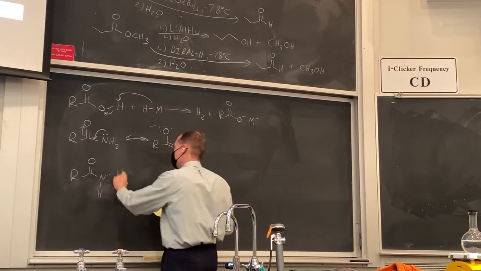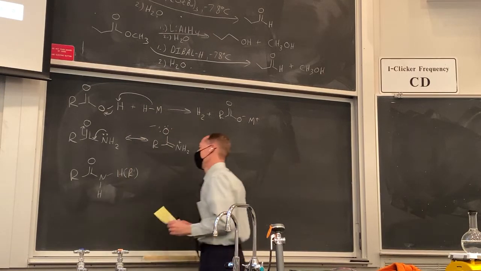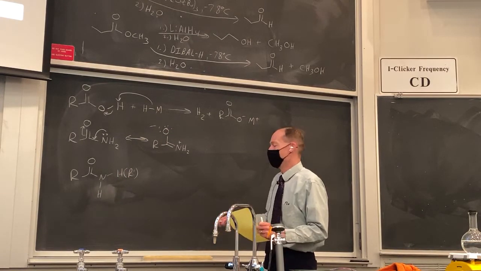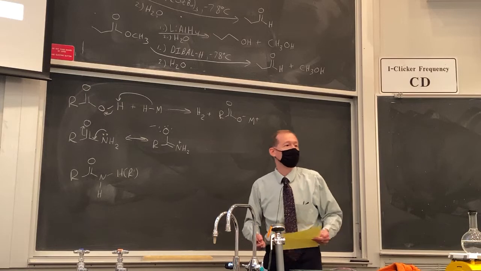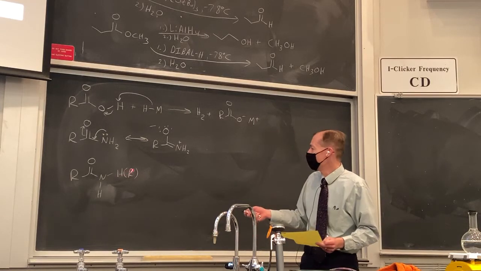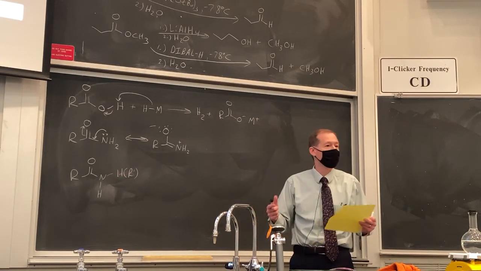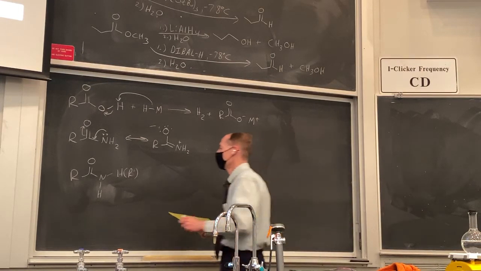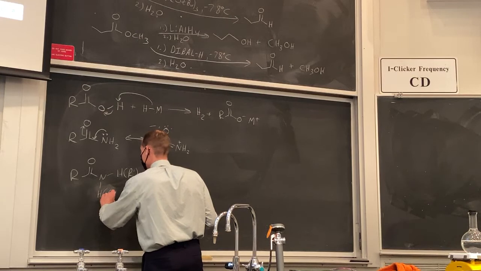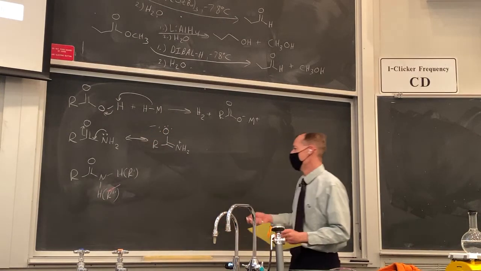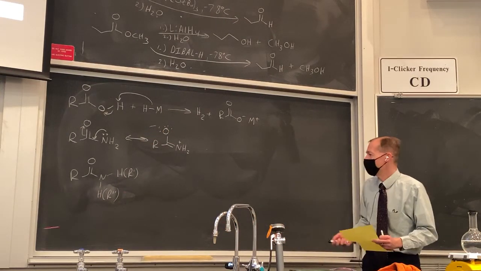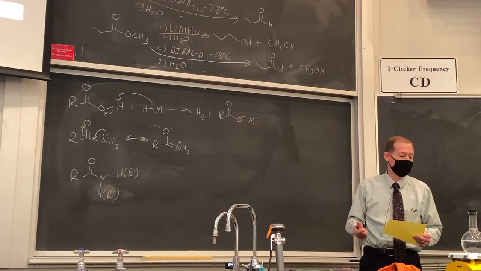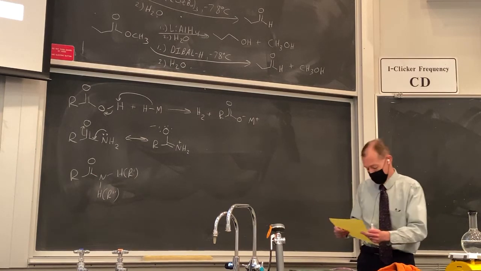And this happens with any type of amide. A primary amide is one where we have NH2. A secondary amide would be one where we've replaced one of our hydrogens with some kind of alkyl or aryl group. Okay? And then a tertiary amide would be one where we have no NH, where we only have alkyl or aryl groups attached to the nitrogen.